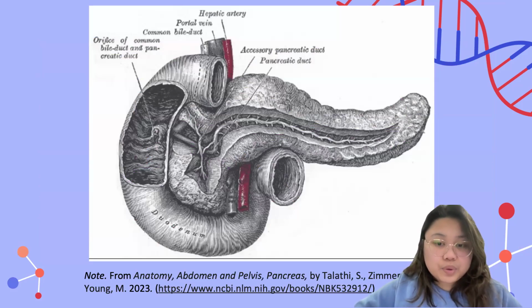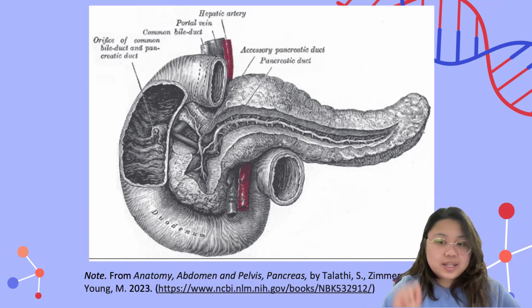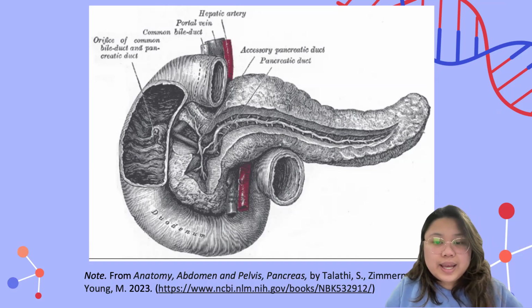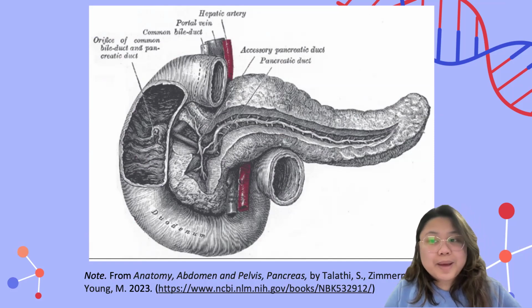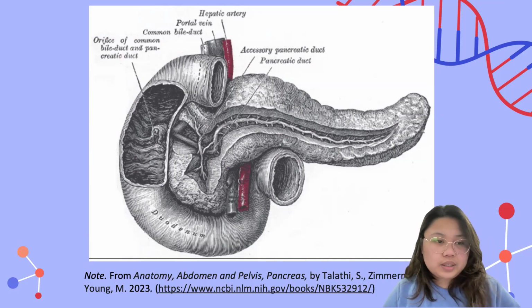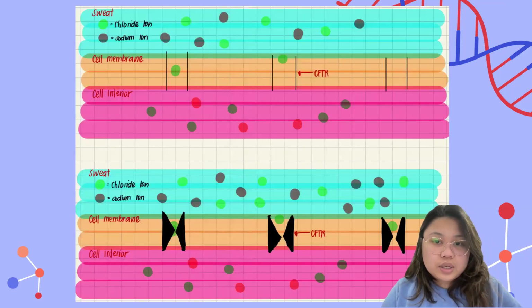With cystic fibrosis, because of the buildup of thick and sticky mucus, the enzymes are blocked in the pancreas, and it cannot do its job properly to digest these substances. It may cause malnutrition or damage in the pancreas, which may alter the ability to control blood sugars, and may also cause diabetes.